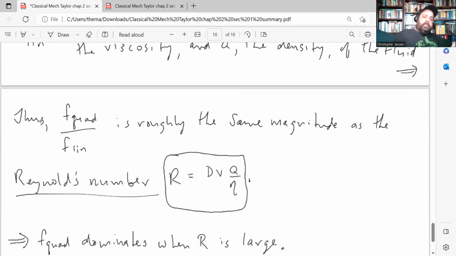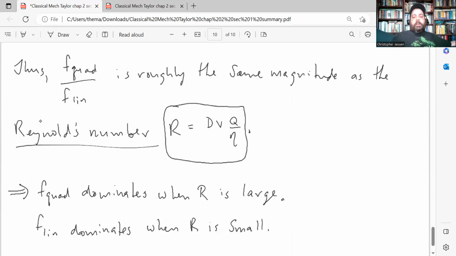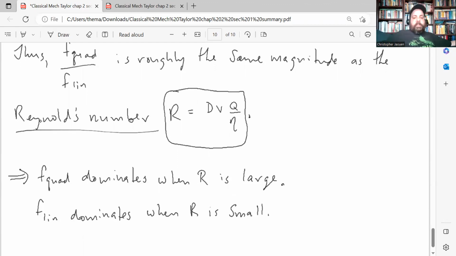That means that the ratio is roughly the same magnitude, not the same number, as what's called the Reynolds number, which is given by this formula here. The Reynolds number R is D V rho over eta, which means that the quadratic drag dominates when R is large, and the linear drag dominates when R is small. So this gives you a test for when you can ignore certain terms in the drag force.